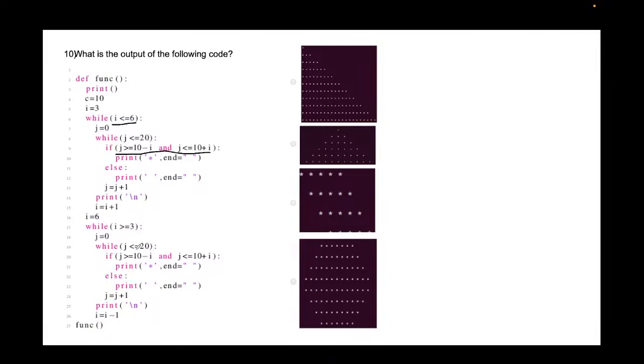Over here also we are doing the same set of comparisons. We are defining the bounds of j and then printing a star when j is lying in this bound, otherwise it's a space.